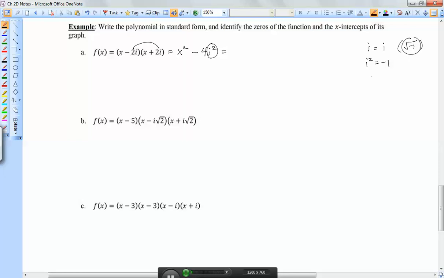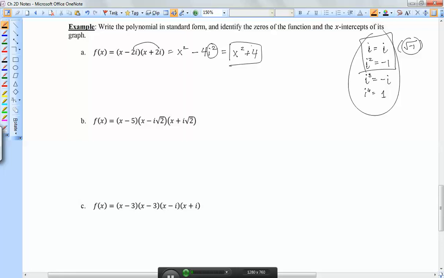That's pretty much all we're going to need, but I'll write here: i cubed is going to be negative i, and i to the fourth is going to be 1. Those are things you should remember. For the most part, I think that's all we're ever going to encounter. So this is going to be x squared minus 4 times negative 1, so x squared plus 4.